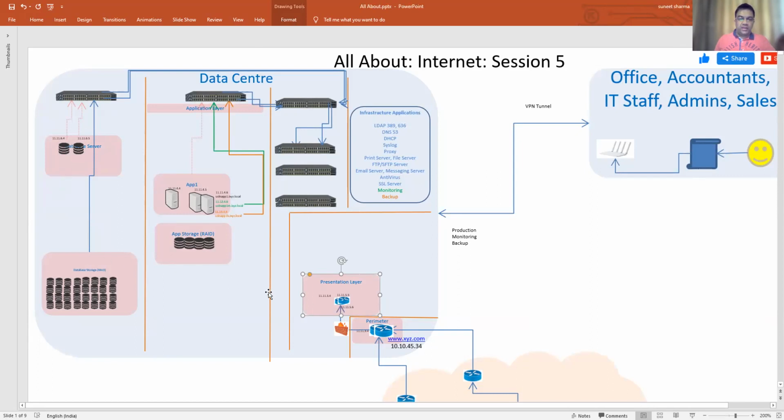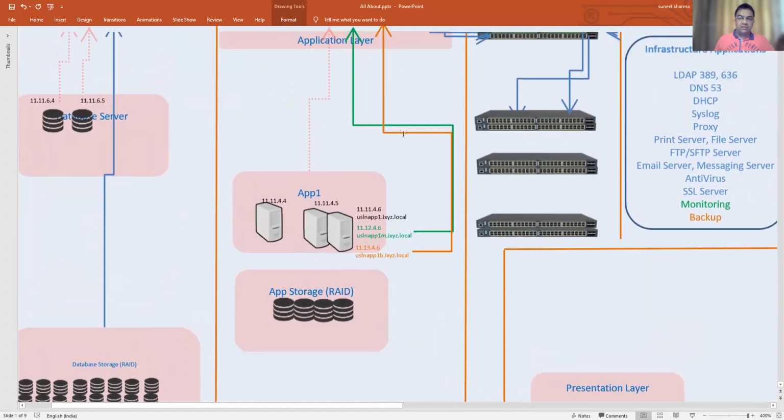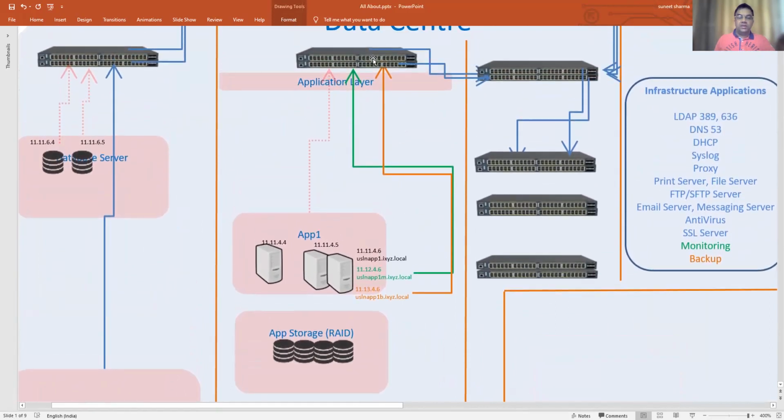While we were making that, we understood that there will be three VLANs per server, so at least three cables per server will be going out. One will be for monitoring, one for backup, and one for production.